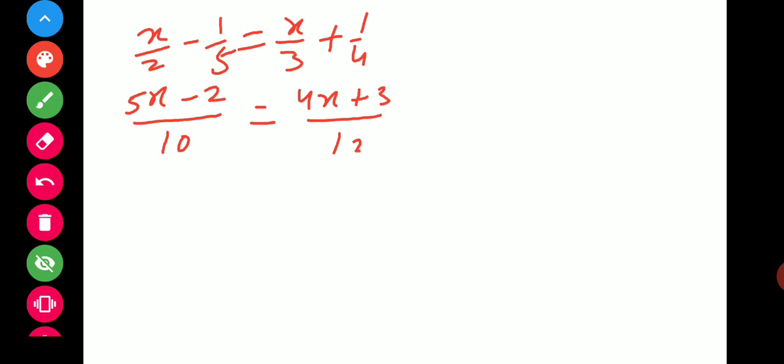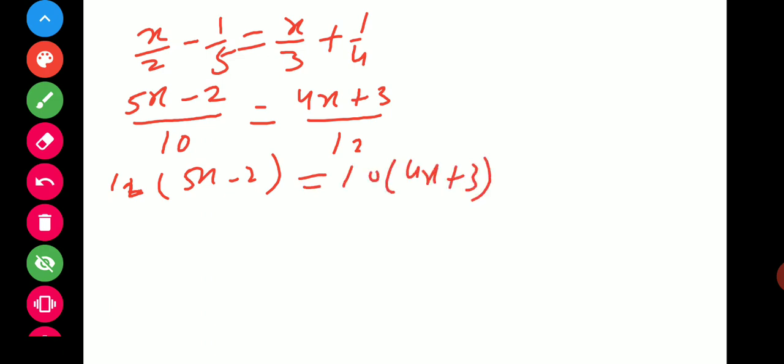Now do the cross multiplication. So 12 into 5x minus 2, and here is 10 into 4x plus 3. Multiply inside, 12 5s are 60. It is 24, and it is 40 of x and plus 30. Transfer the like term same side.